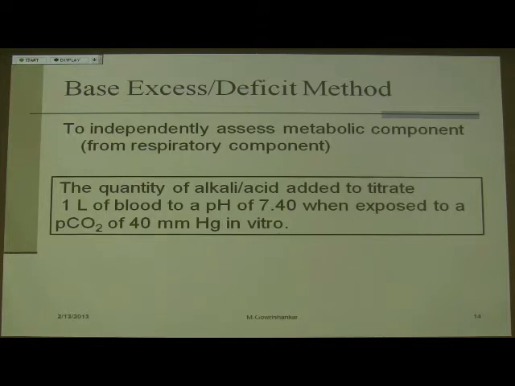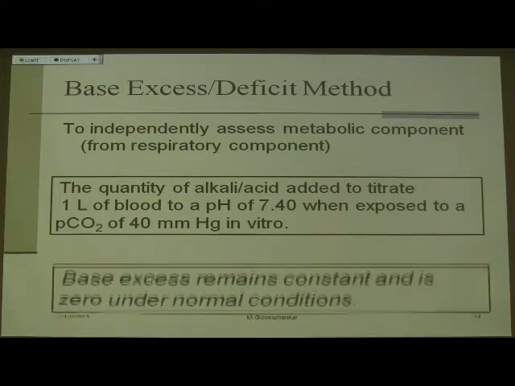So that's what base excess is. Base excess means the amount that you have to take away, and base deficit is the amount that you have to add. See, I got confused. Okay? So whether it is base excess or base deficit, what you have to look for is the amount that's needed to be either added or taken out to keep this patient at normal pH.